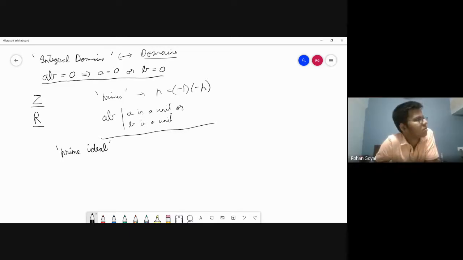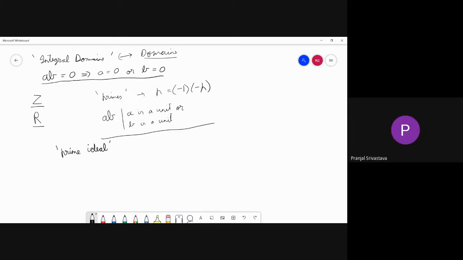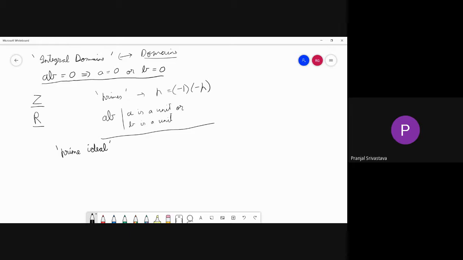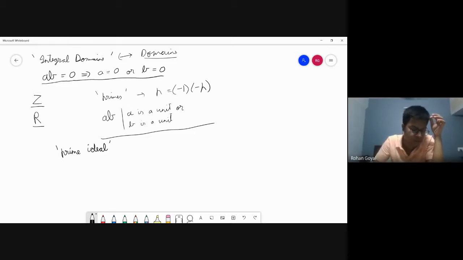I think prime was defined as: if P divides AB, then P divides A or P divides B. Yes, okay, this is irreducible. Okay, my bad. Yes, they're saving UFDs. So this is actually how you end up defining an irreducible, not a prime.